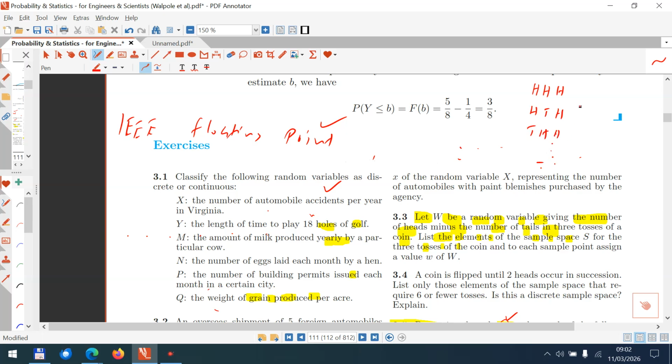I want to know whether you understand this. What will be the values of W here? Number of heads minus the number of tails. What do you get here? 3. And here? 1. And so on. And in this case it will be 1. If it was T, T, T, H, it will be minus 1. So on and so forth.